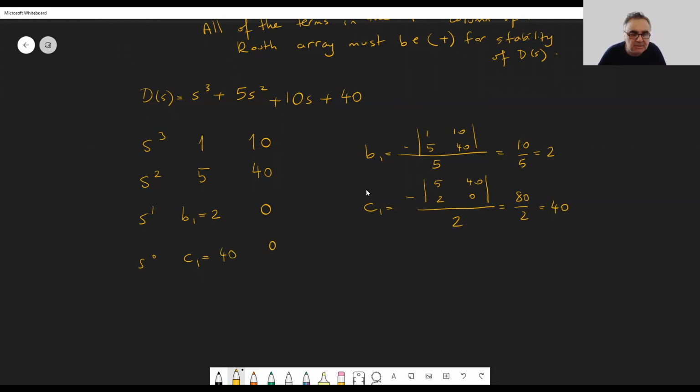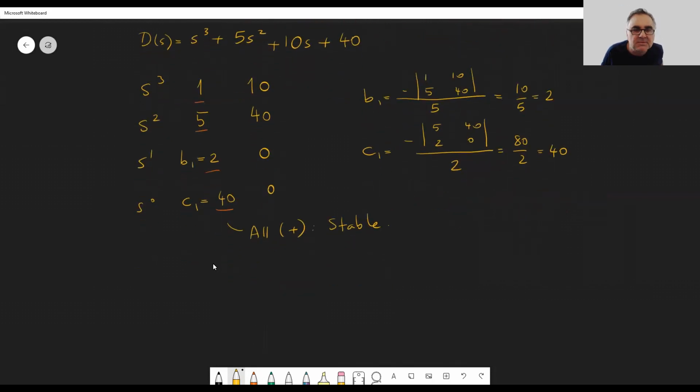And we see that all the terms here are positive. So we can say it is a stable system. As a matter of fact, we can find the roots of this in MATLAB and find out that it is stable.